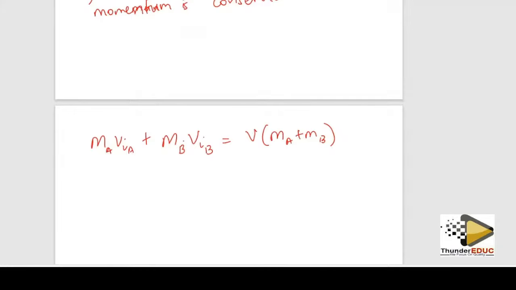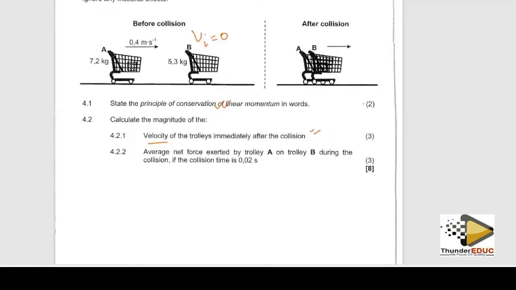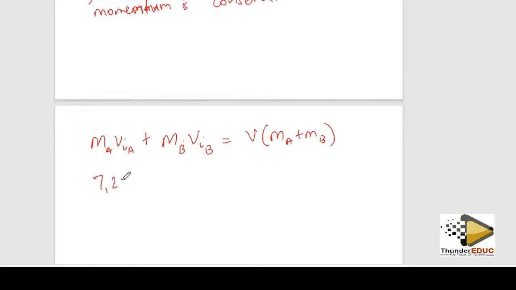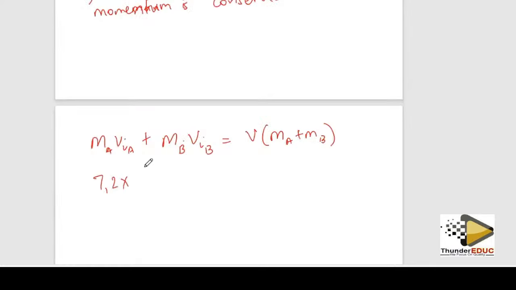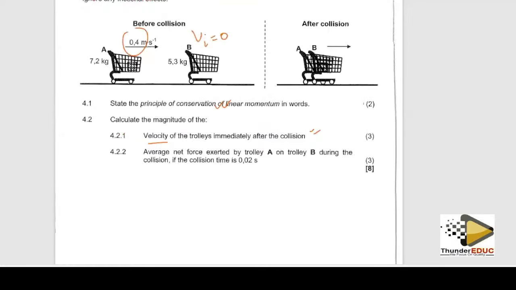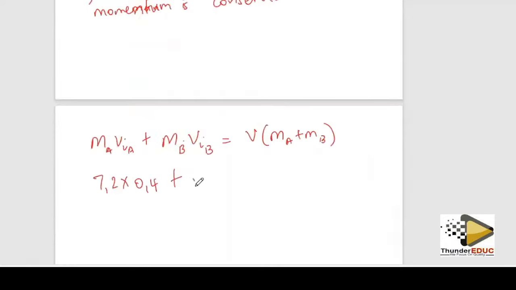So the mass of the body A was 7.2. So this is 7.2 times the initial velocity, which they told us is 0.4. Plus, we know that the mass is 5.3 there, times the velocity 0 is equal to V into 7.2 plus 5.3. So we know that 7.2 times 0.4 is going to give us 2.88.